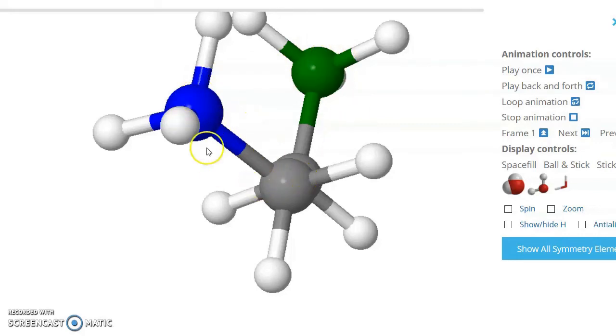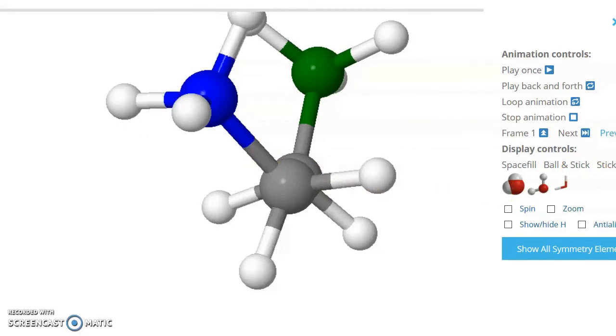This conformation is called the gauche conformation, wherein the two bulky groups are near to each other, 60 degree apart. Now we have rotated it to 60 degree. So the bulky groups are 60 degree apart. All the bonds are staggered, but still they are not completely anti. So this is called the gauche conformation.